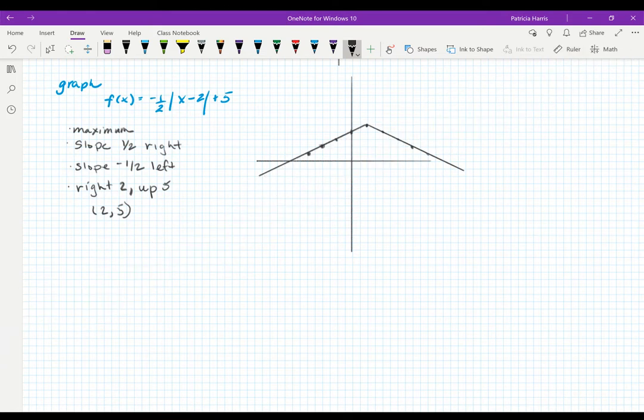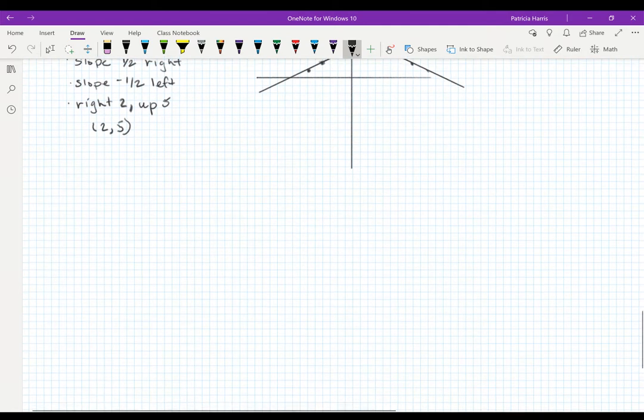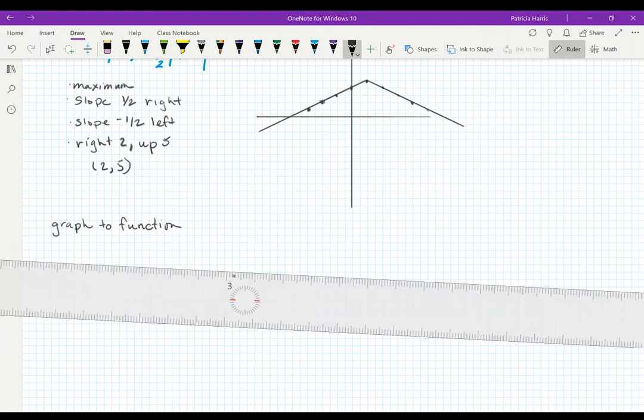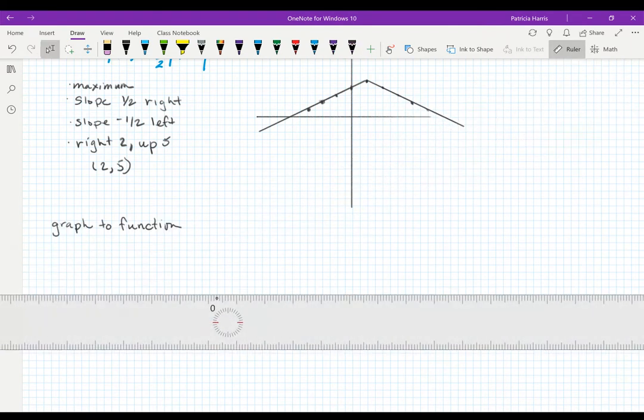All right. So now what we're going to do, since we've gone from function to graph, is try to go graph to function. So we're going to start with a picture.